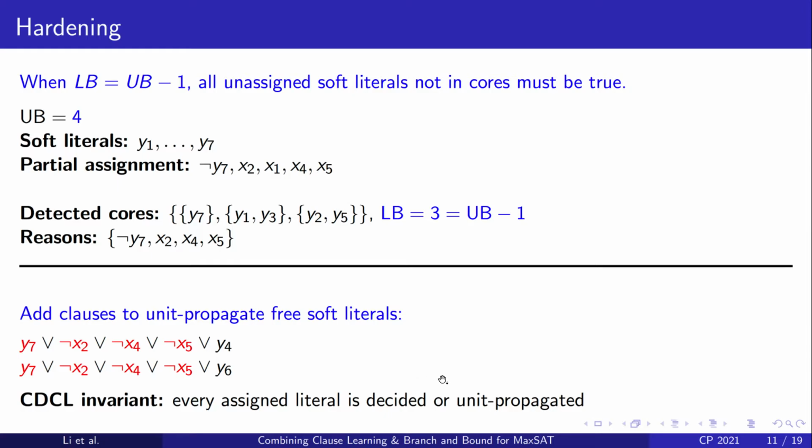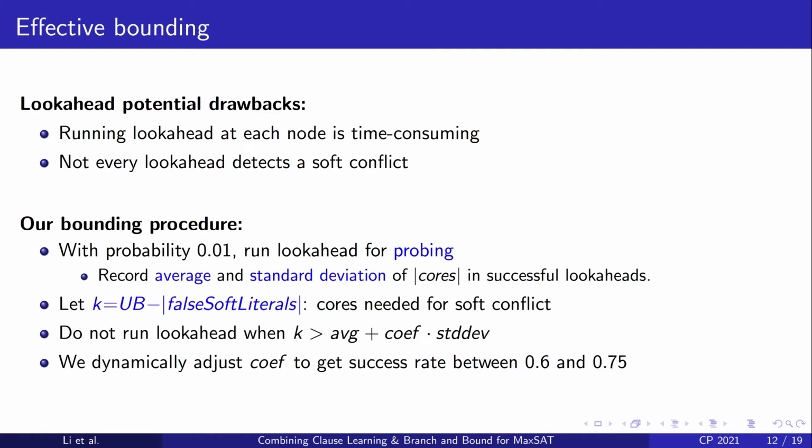Notice that the look-ahead method to underestimate the lower bound has some potential drawbacks. Running look-ahead at every node of the search tree is too much time-consuming, and moreover, there is no guarantee that every time that we run look-ahead, we detect a soft conflict. Therefore, in our solver, we implement a bounding procedure to try to reduce the number of unsuccessful look-aheads.